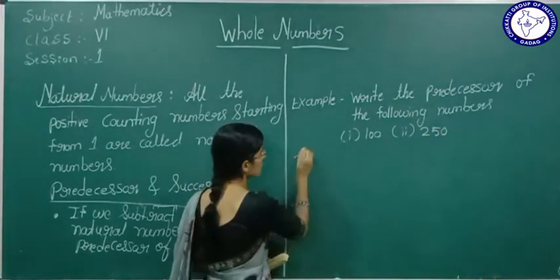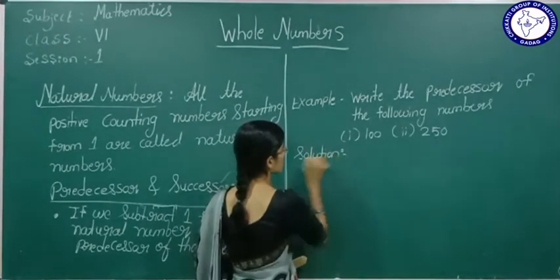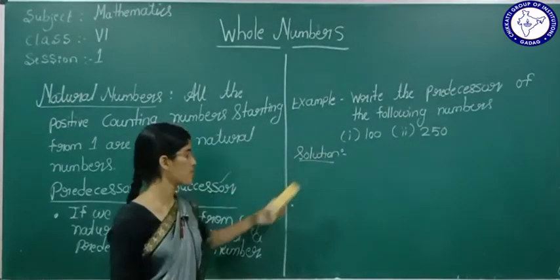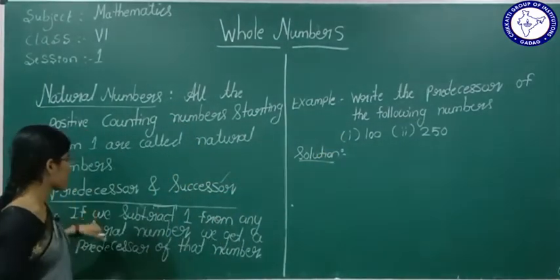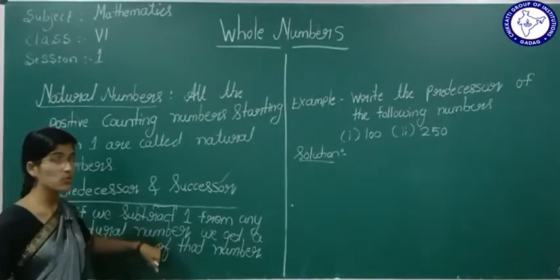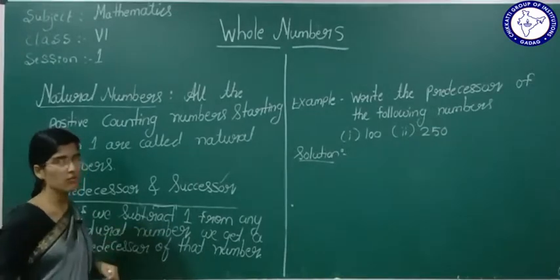What I will do? Solution. Write the predecessor of the following numbers. How to find the predecessor? If we subtract 1 from any natural number, we get a predecessor of that number. We have to do subtraction.